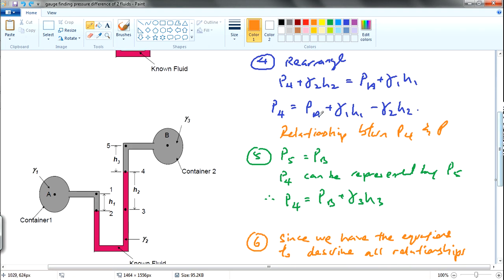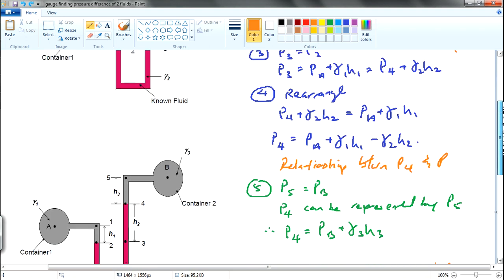This is rearranging only. If you wonder, this one is equal to this one, so you just bring this over with a minus. So P4 is equal to this.